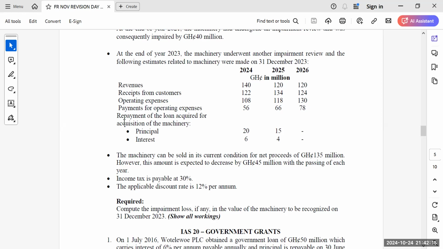What will be the residual value of the asset at the end of 2026? It is 135, which is reducing every year by 45. So in 2024 the value reduces by 45, 2025 it will reduce, 2026 it will reduce by 45.